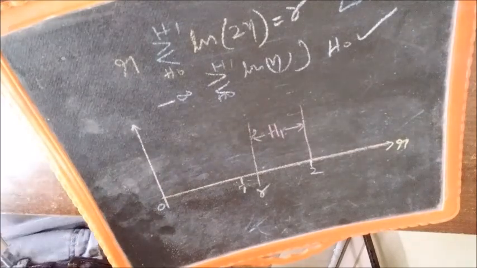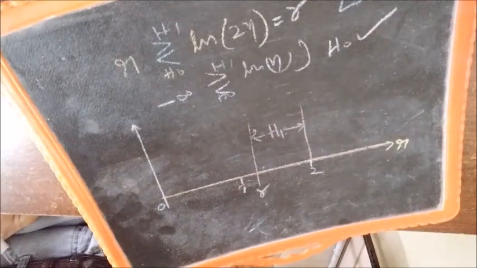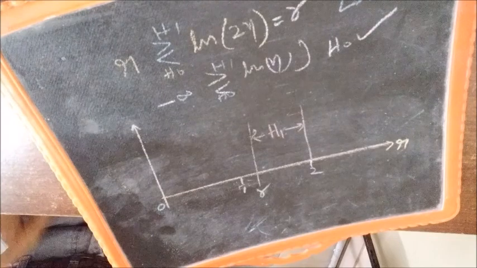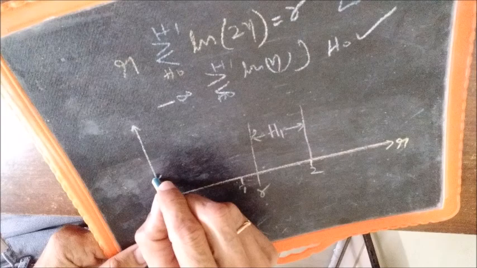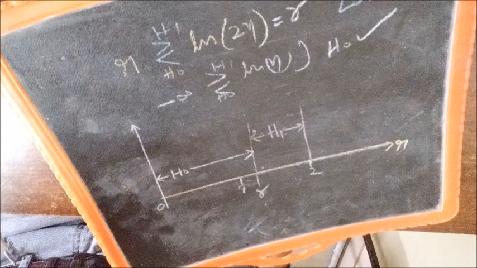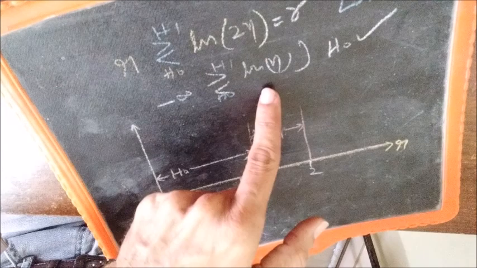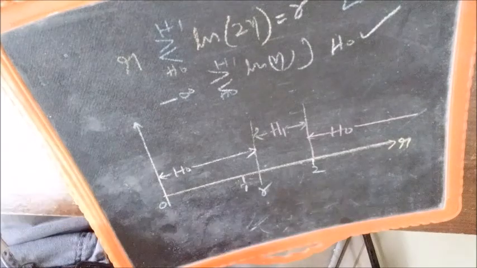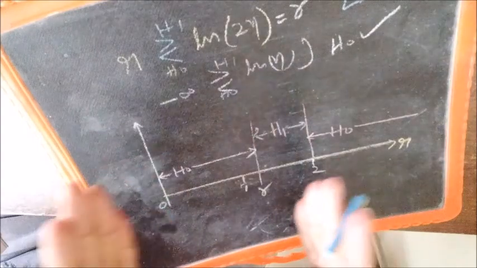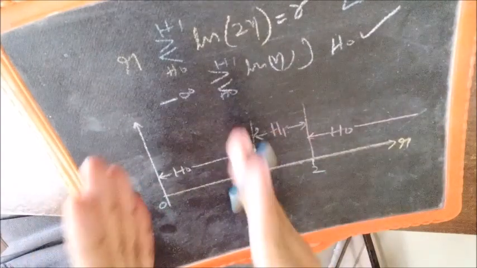And whenever R is between 0 and 2 and it is less than gamma, H0 is the true hypothesis. Whenever R is greater than 2, you are declaring H0 as the true hypothesis. So this is the decision region. When R is between gamma and 2, you say H1. Between 0 and gamma, you say H0. Between 2 and infinity, of course, you say H0. This is the way we can show the decision region. This answers the first part of the question.